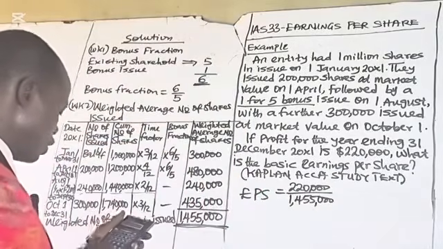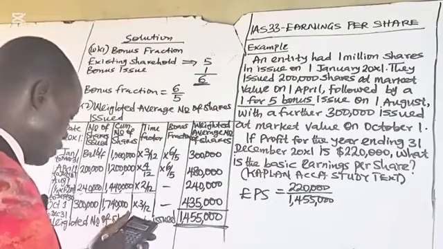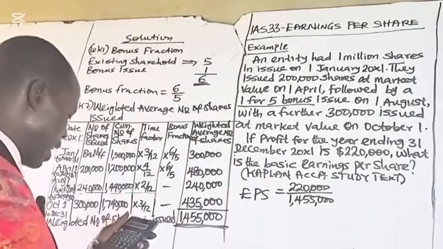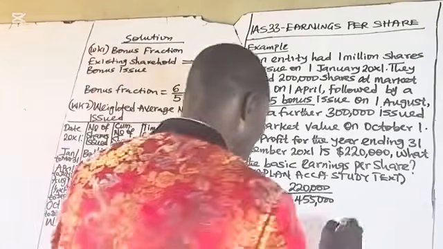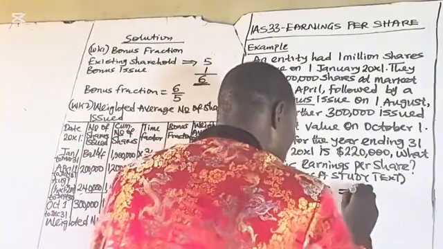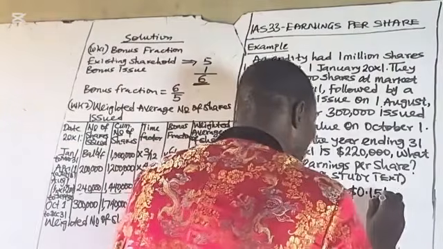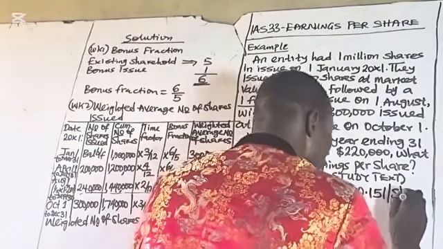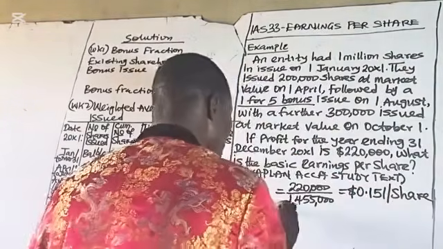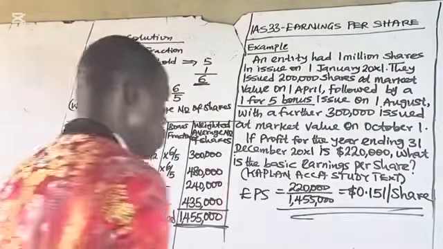So we have 220,000 divided by 1,455,000. That gives us $0.151 per share. This is the solution to the question.